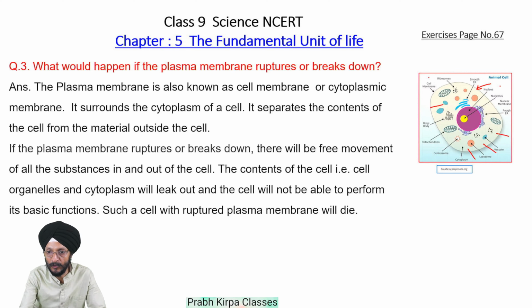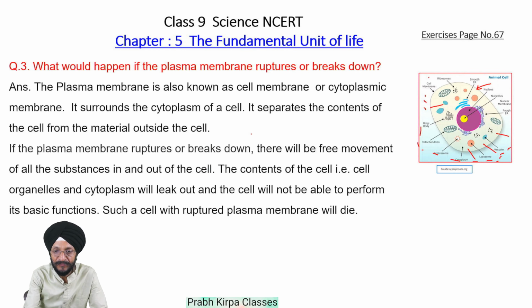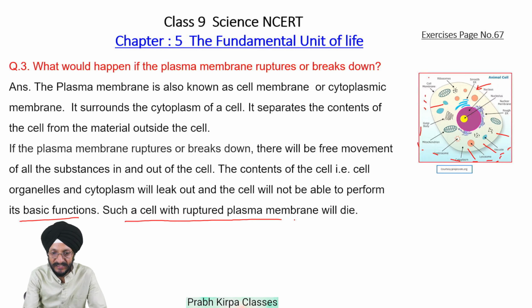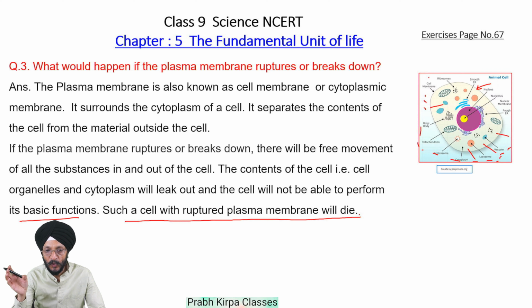If this plasma membrane ruptures or breaks down, there will be free movement of all the substances in and out of the cell. The contents of the cell, that is cell organelles and cytoplasm, will leak out, and the cell will not be able to perform its basic functions. Such a cell with a ruptured or broken plasma membrane will die.